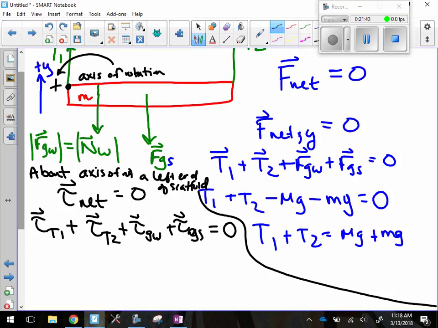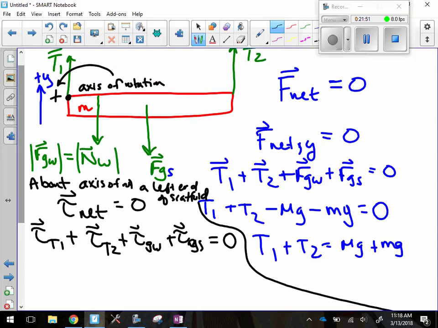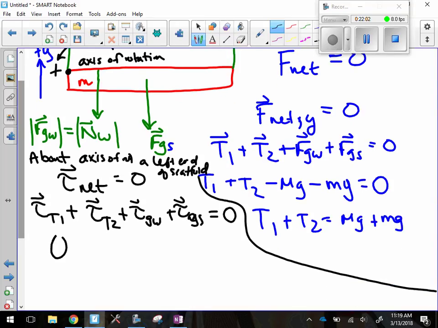So let's talk about the torque due to T1 for a minute. What's that going to be? Where is T1 acting? On the axis of rotation, which means its moment arm is 0, which means the torque is 0. So now I don't have that torque anymore.